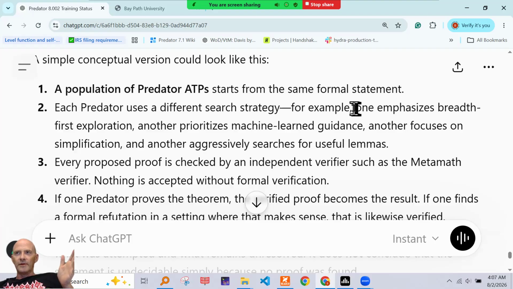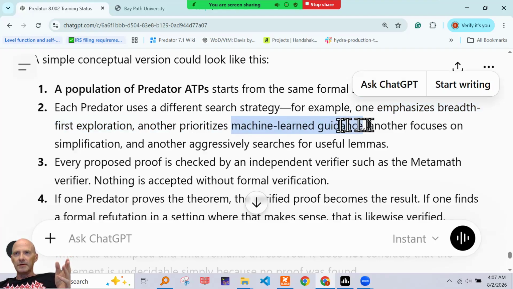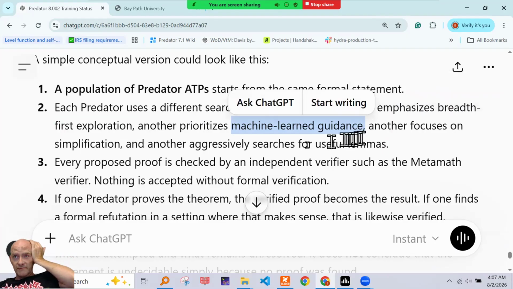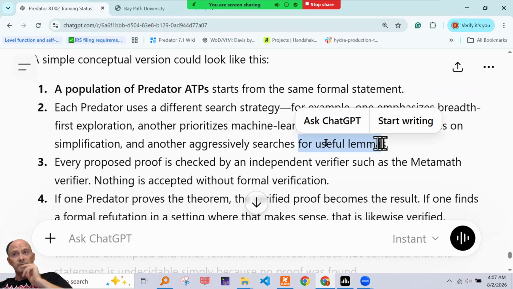This is just a for instance, but there's different kinds of automated theorem provers, like an automated theorem prover guided by machine learning, or one that focuses on going off, say, citing literature.